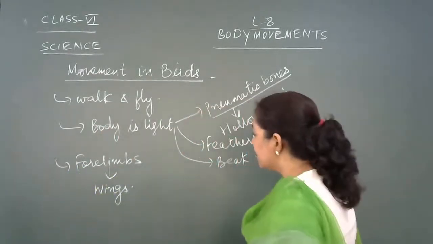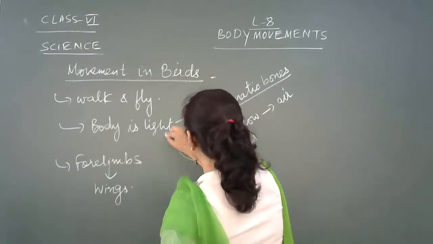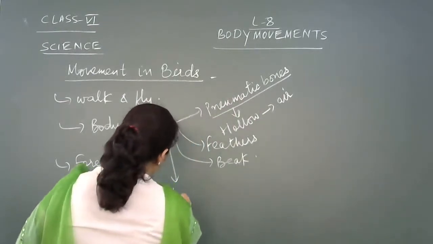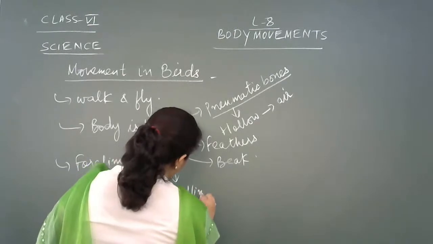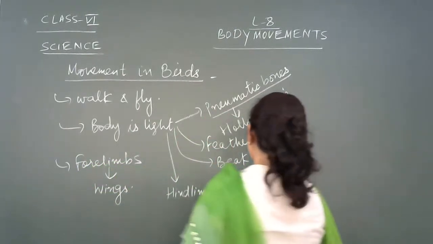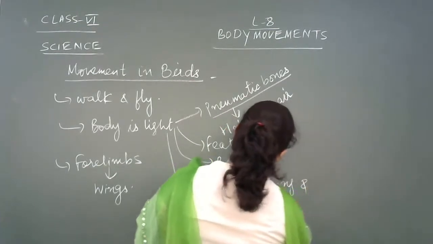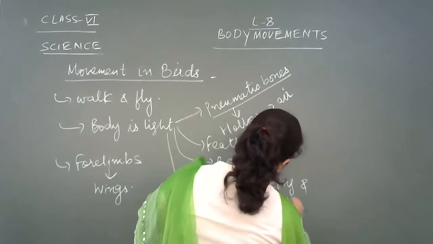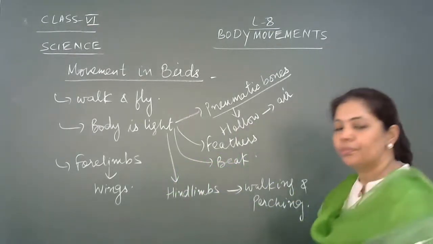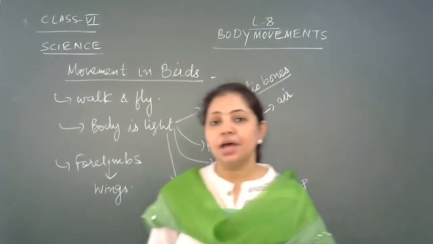Okay. Then the hind limbs. Another one is the hind limbs of birds. They are well suited especially for walking and perching. Now in our body, where are the hind limbs?